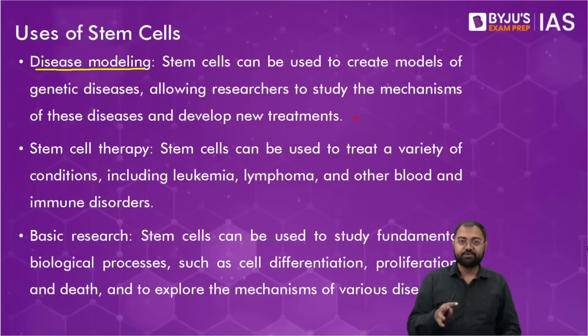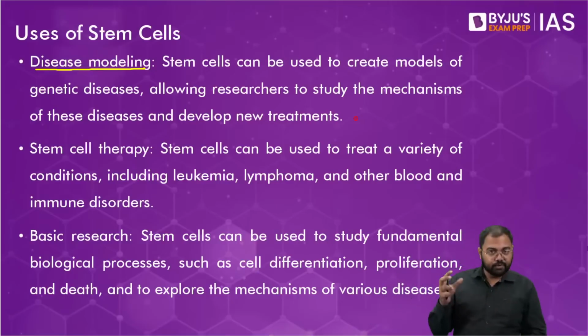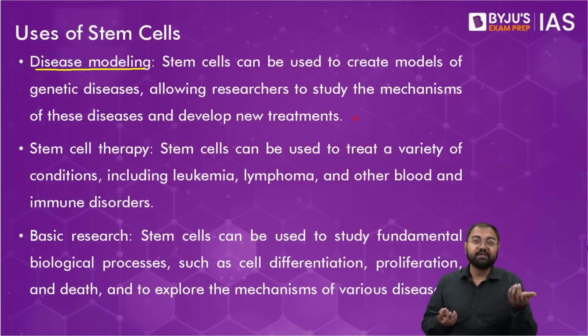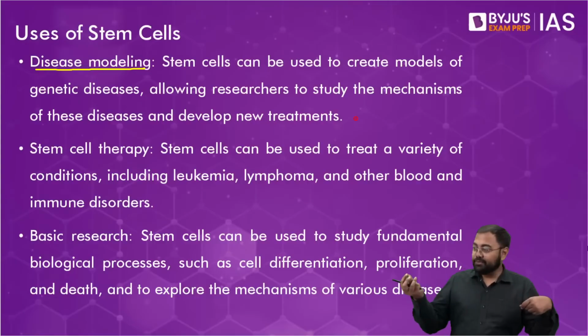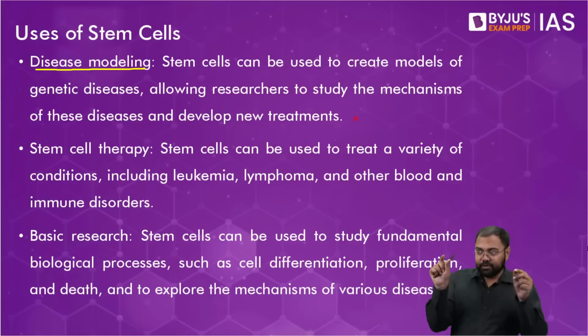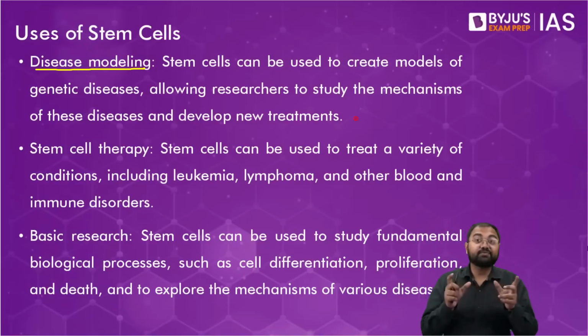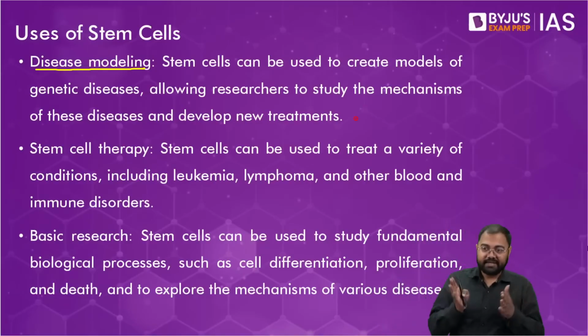So we'll see how exactly the diseased growth is happening inside that person versus how a normal growth happens, and what is the step where some kind of problem is arising in the stem cell. That will give us an idea about what's going wrong, and then we can try to treat the disease by understanding what's happening there.